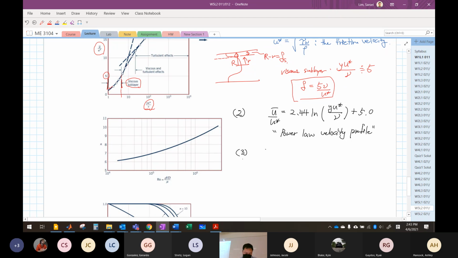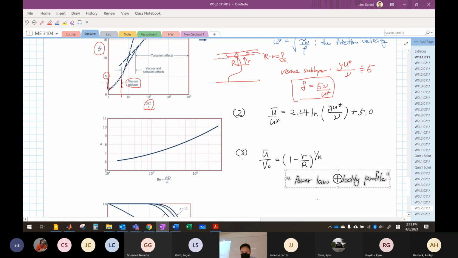U bar. And this is the overlap. So this one is actually the one named the power law here. This does not have any name in the textbook, so sorry about that.